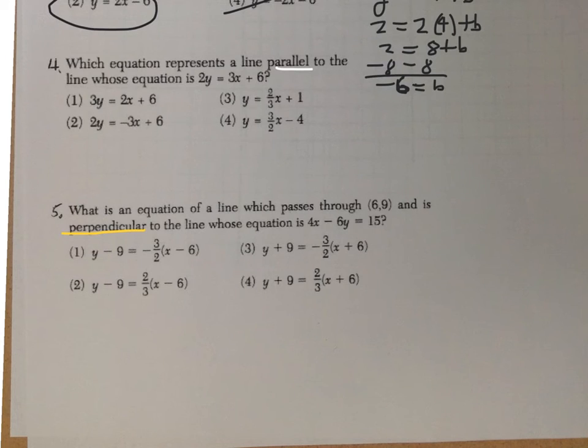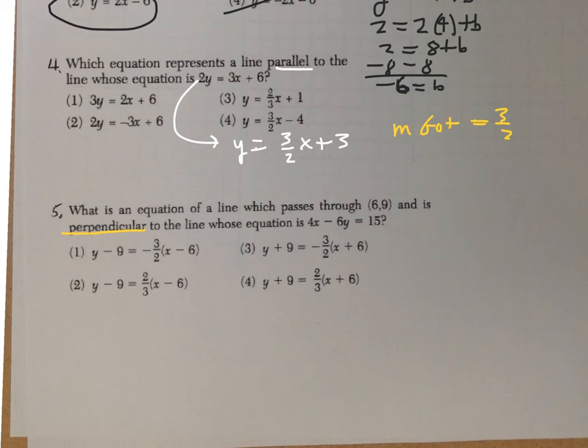Question number 4, talking about a parallel line. Well, first of all, I have to find the slope of this line. To do that, I'm going to get y by itself, so divide both sides by 2. And I could recognize that the slope that I've got currently is 3 over 2.